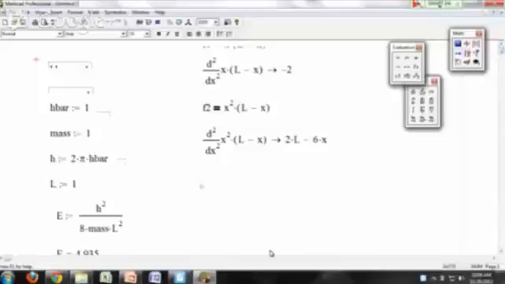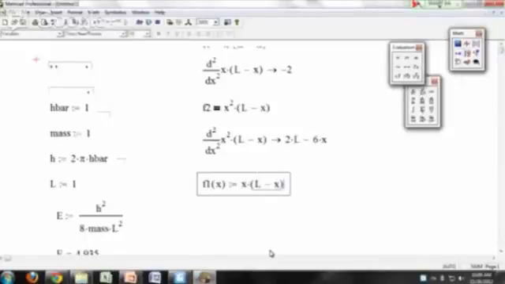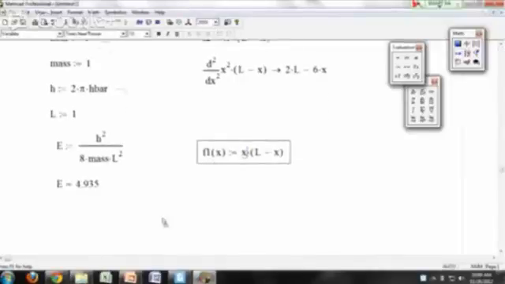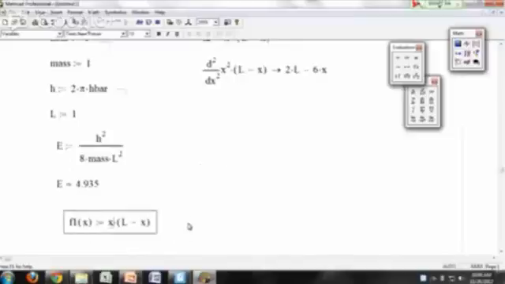Okay. So I'm going to define f1 of x for calculation purposes. So I use the assignment operator is equal to x times L minus x. Let me put that down here. What is hf1?